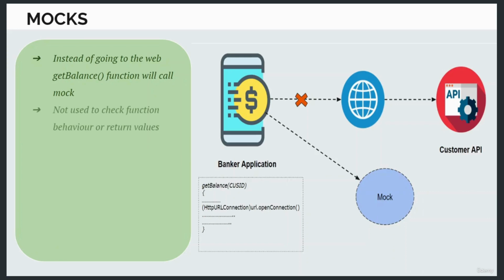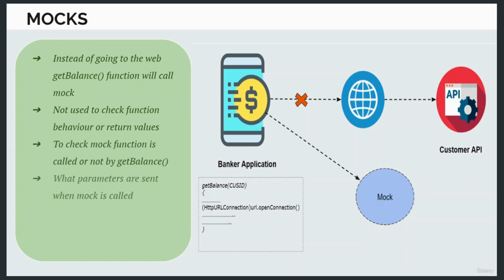Next, we won't be checking the behavior of our code or the return values. We will just validate if our code functionality is working fine or not, that is, if it is able to make a call to the particular mock which we have defined in this method, that is get balance.